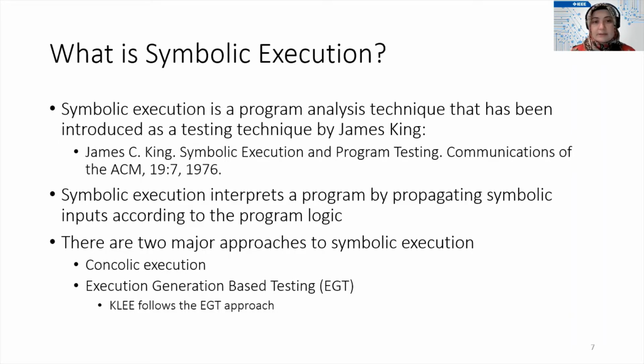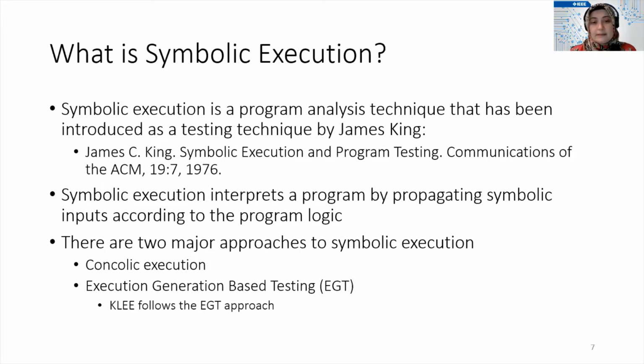Symbolic execution is a program analysis technique that was introduced as a program testing technique by James King in 1976. As SMT solvers became efficient, symbolic execution became a more popular analysis technique. Symbolic execution interprets a program by propagating symbolic inputs according to the program logic.